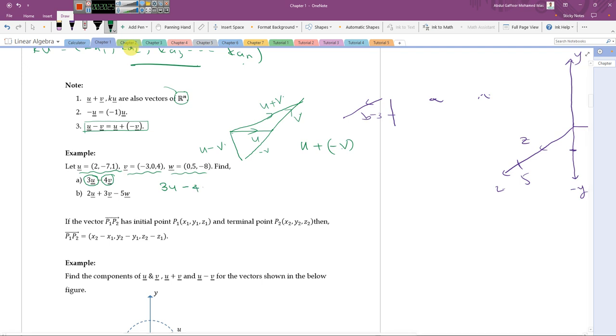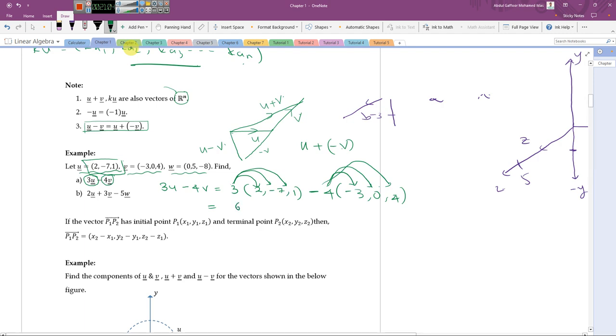So 3u minus 4v can be written as 3 into u, which is 2, minus 7, 1, minus 4 into v, which is minus 3, 0, 4. If I multiply, this 3 should be multiplied by each of the components in vector u, and the 4 should be multiplied by all components in vector v.